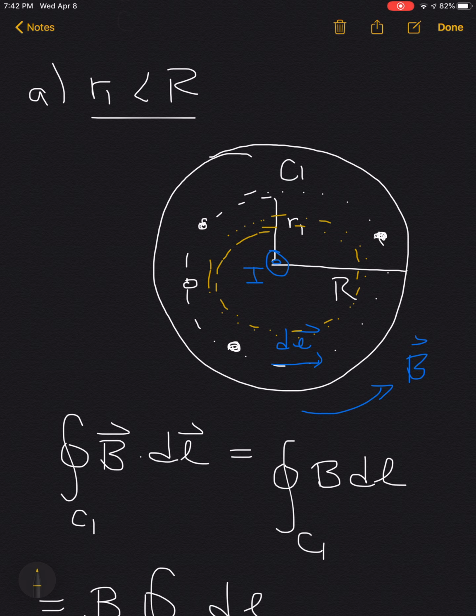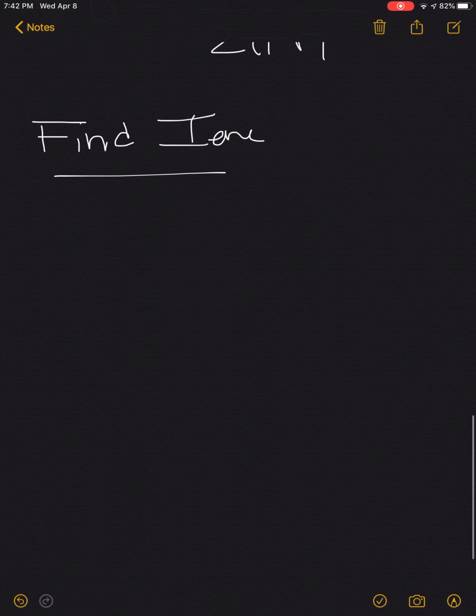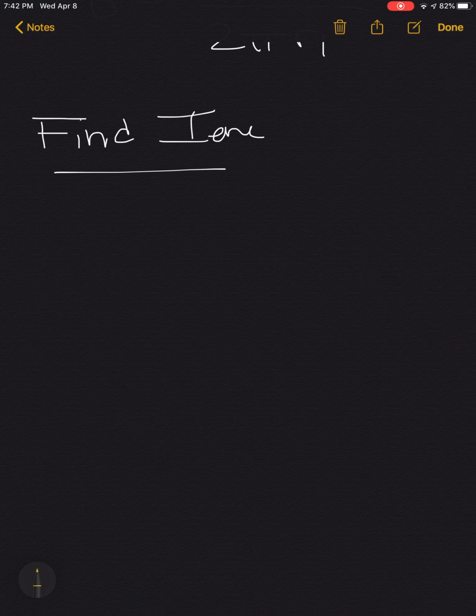What is the amount of current that flows through that shell? Well, what we know is that some infinitesimal piece of current dI is going to be equal to the current density times the area of that shell.